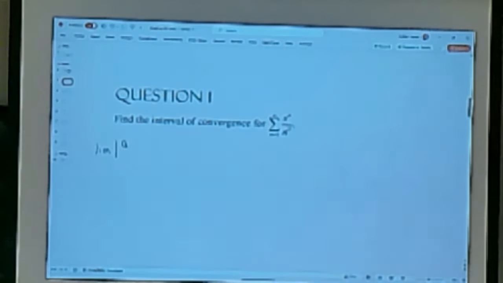Let's take a look at this limit. The n plus 1 term would be x to the n plus 1 over n plus 1 squared, times the reciprocal of the n term, which is just n squared over x to the n.